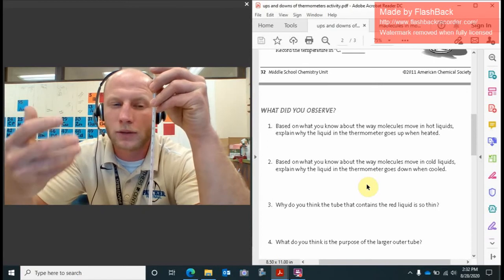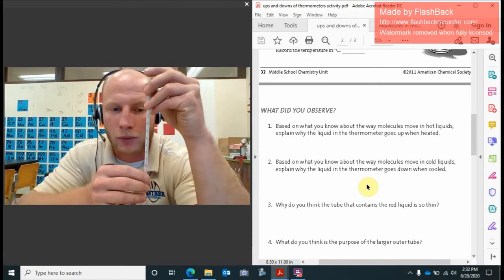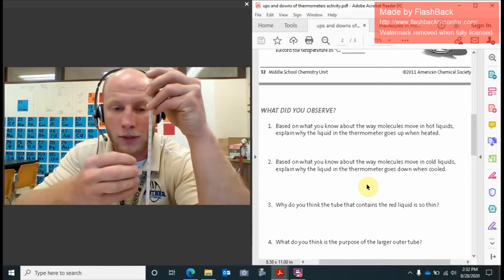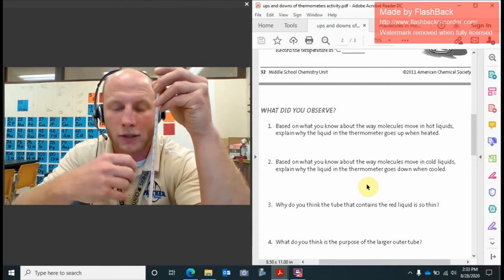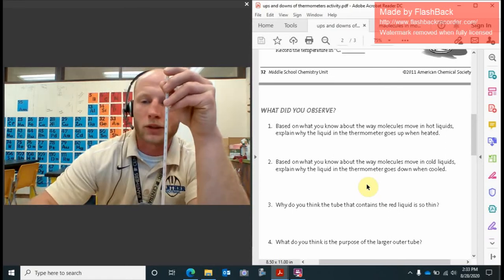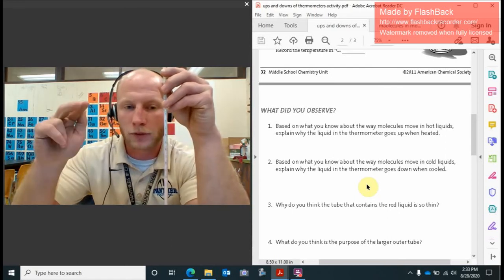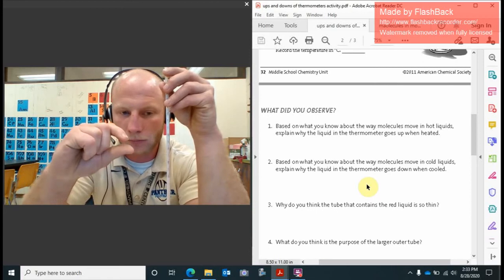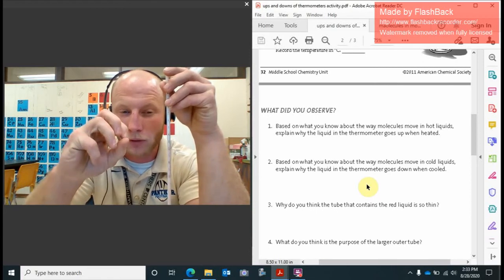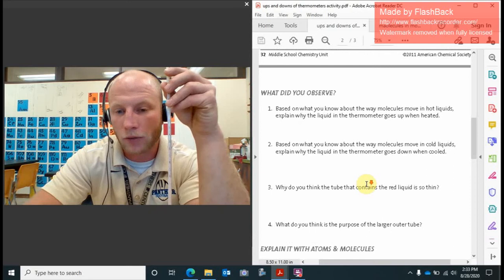But still, there is a little bit of attraction. That's why we're able to see it in liquid form. If there was no attraction, then they would be a gas and they would just fly away from each other because they have no reason to stick together in a liquid form or a solid form. Okay, so it cools down. Spaces get closer together, or they become smaller, I should say, and the attractive forces begin to pull them closer and closer.